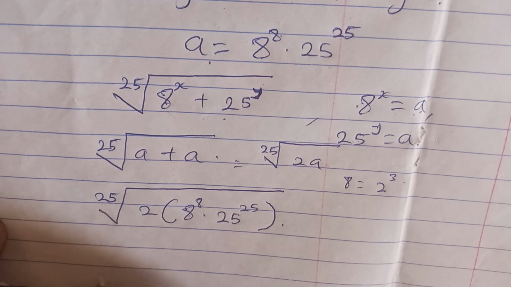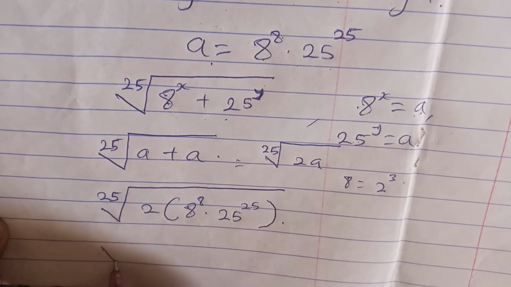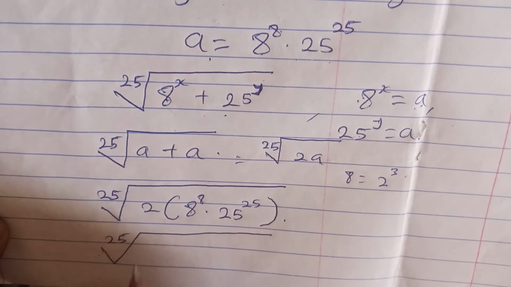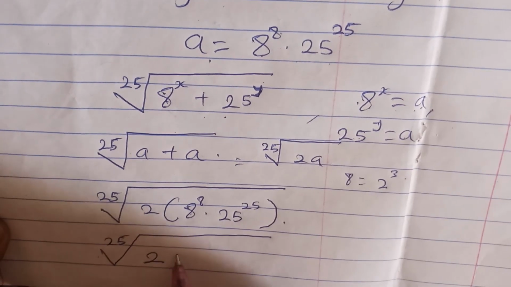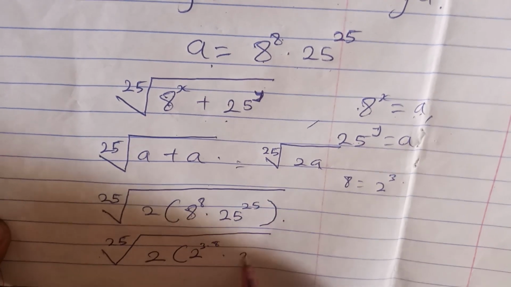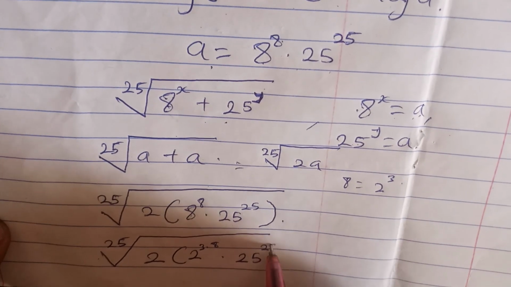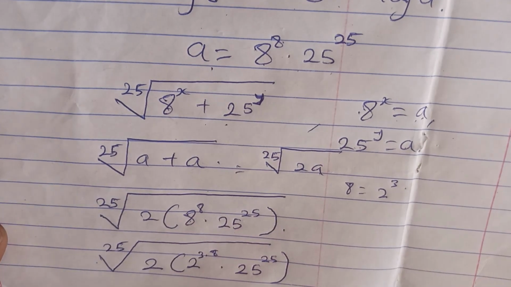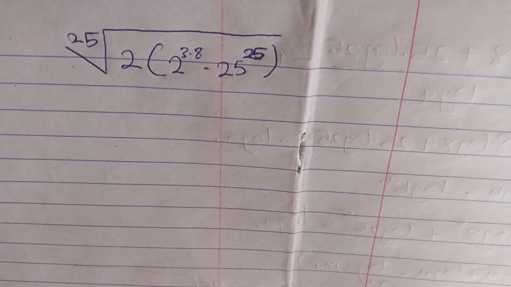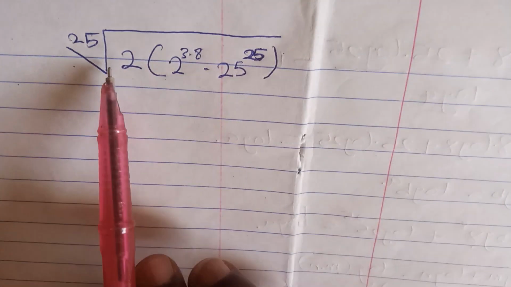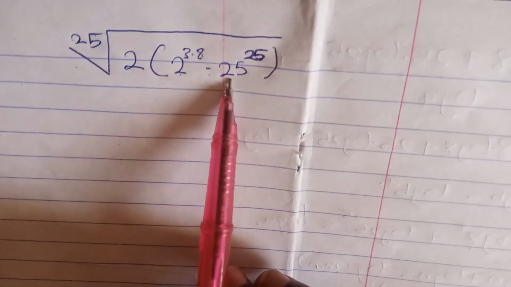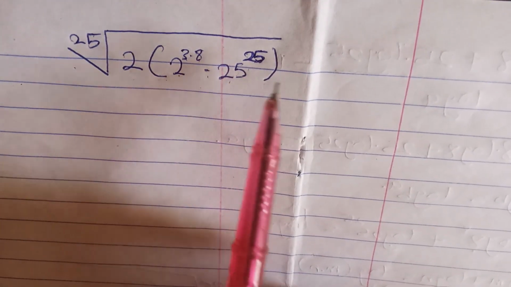So the 25th root now becomes the 25th root of 2 times, open bracket, 2 to the power of 3, all to the power of 8, times 25 to the power of 25, close bracket. So this is what we are now having.